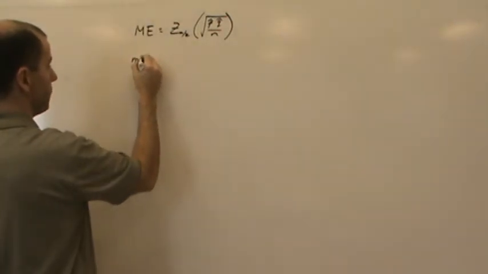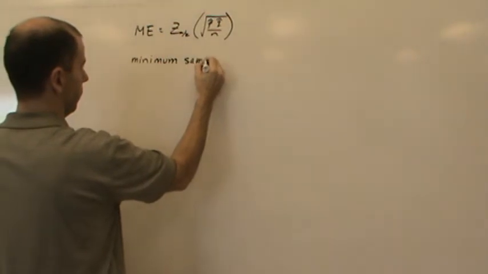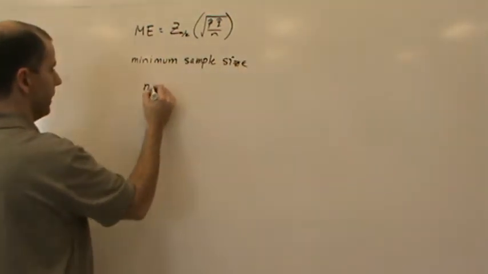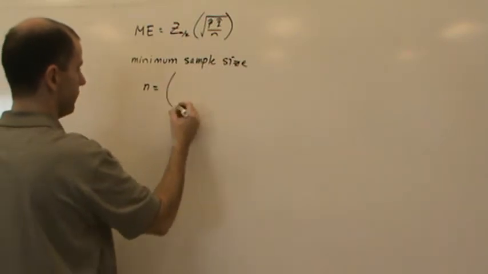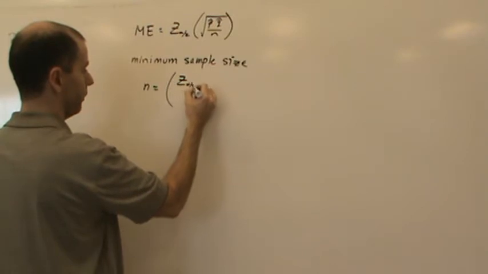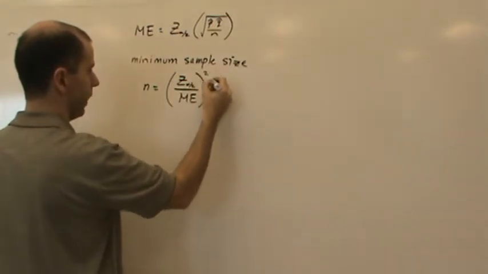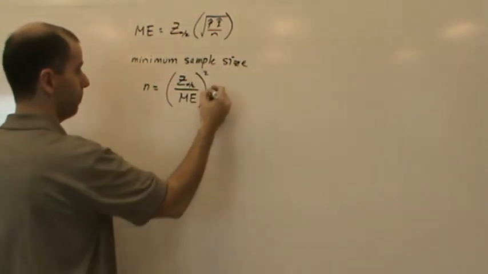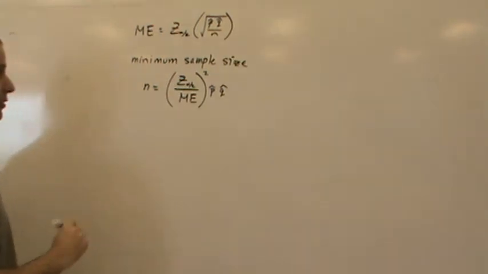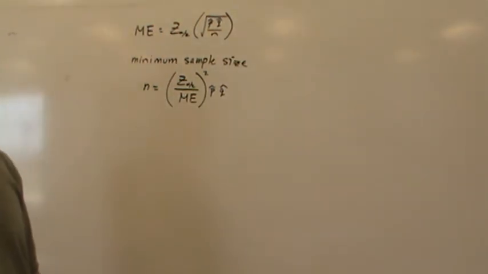The minimum sample size is n equal to z alpha divided by 2 divided by the margin of error, quantity squared, times p hat times q hat. And that is going to be our minimum sample size formula when we are dealing with proportions.